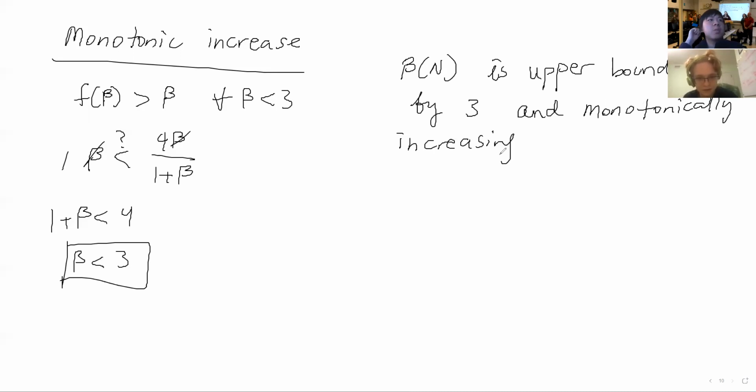And there's probably some more rigorous method, like an epsilon-delta proof, for why 3 is the least upper bound and why beta of n has to tend towards that, but I'm probably not going to do that. We'll save it for office hours.